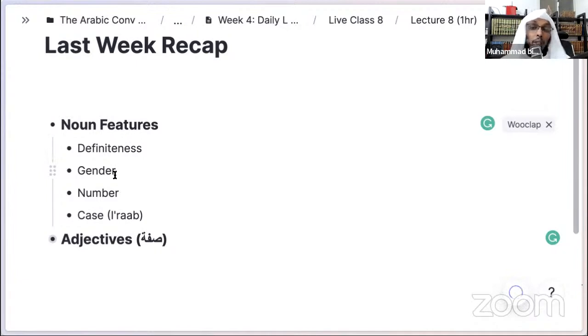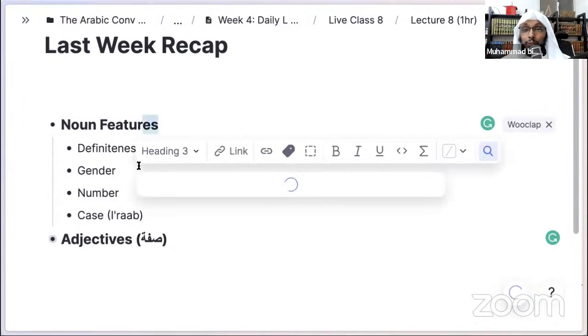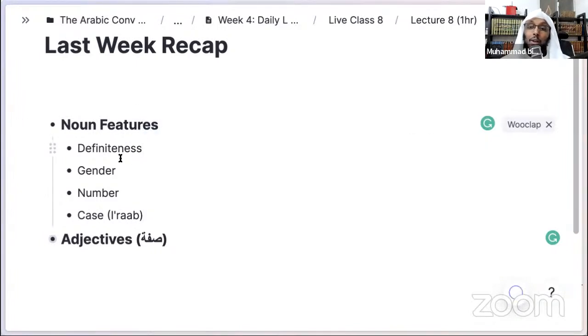At-tawil is masculine because Muhammad is masculine. At-tawil is singular because Muhammad is singular. And at-tawilu is marfu', it has dhamma at the end because Muhammadun has dhamma at the end. That's what I mean by it agrees with the noun. And alhamdulillah, the fact that the noun comes before the adjective in Arabic helps a lot. So at least you can see the noun and then the adjective coming after. It's not like English, where it's the other way around.